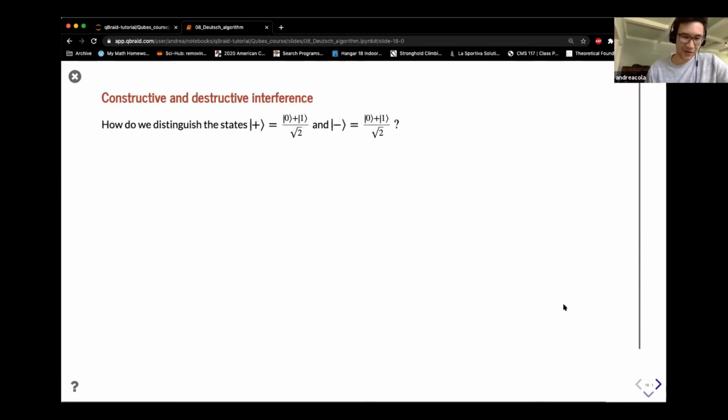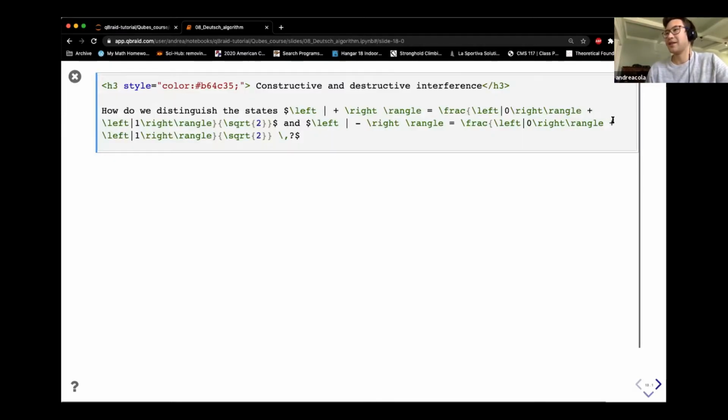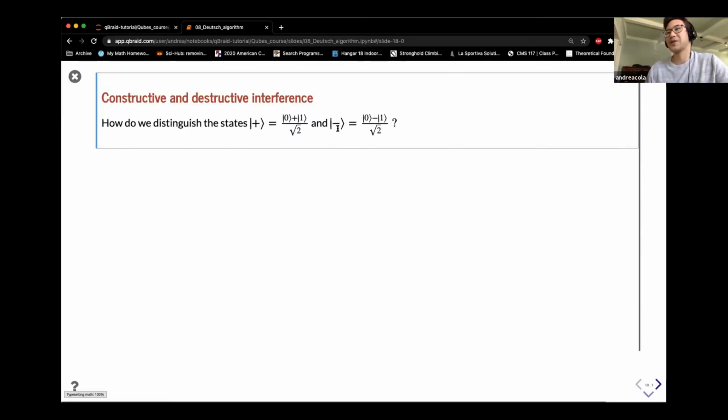As I anticipated, constructive and destructive interference will play a role. So first, let me refresh again. I'm recalling a lot of times because I know that you are seeing these kinds of concepts and definitions and notations for the first time.